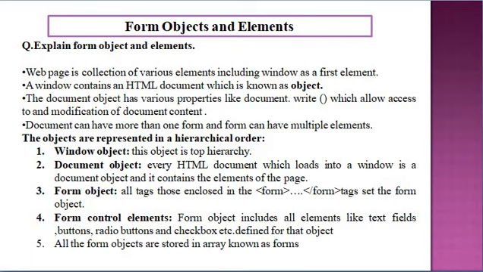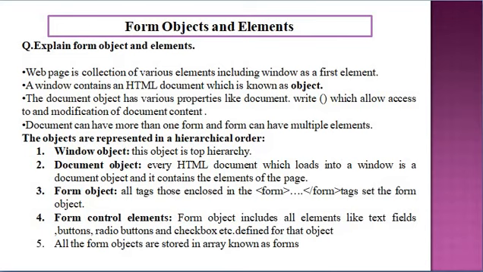A web page is a collection of various elements including a window as a first element. Means website contains various objects, and the very first object is a window object. The window object contains the HTML document, which is called a document object.